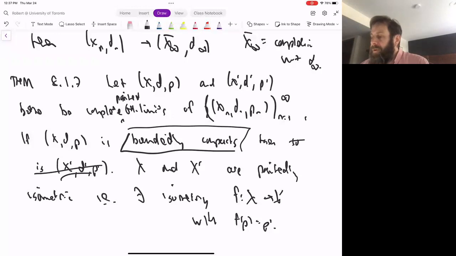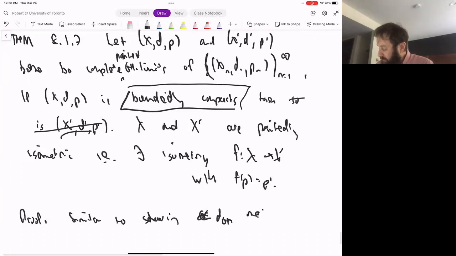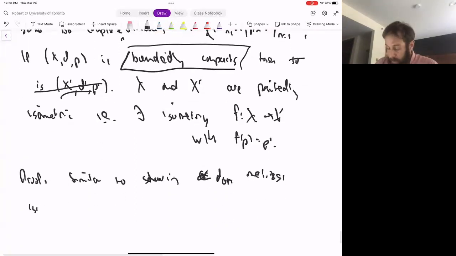And the proof, I'm not going to say much about, but the proof is the same as before. It's similar to showing d_GH metrizes isometry classes of compact metric spaces.